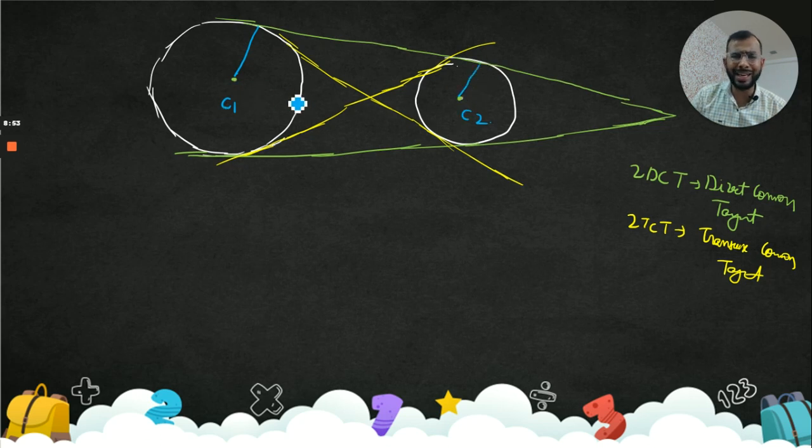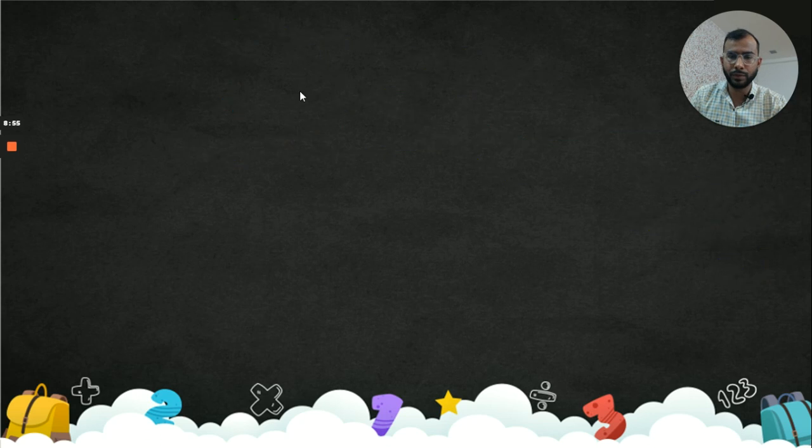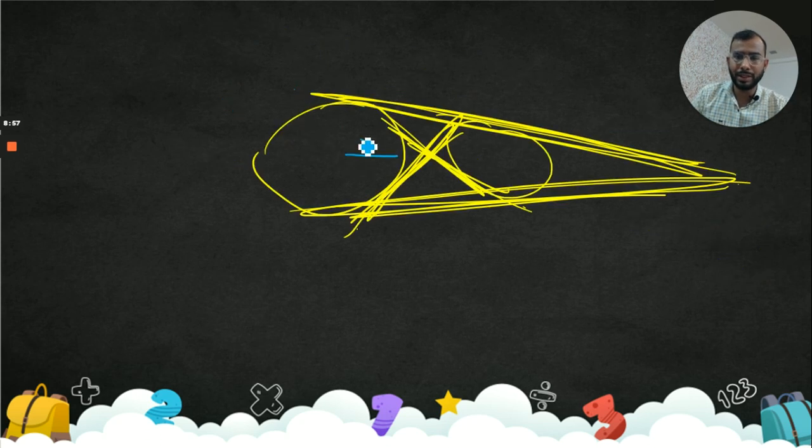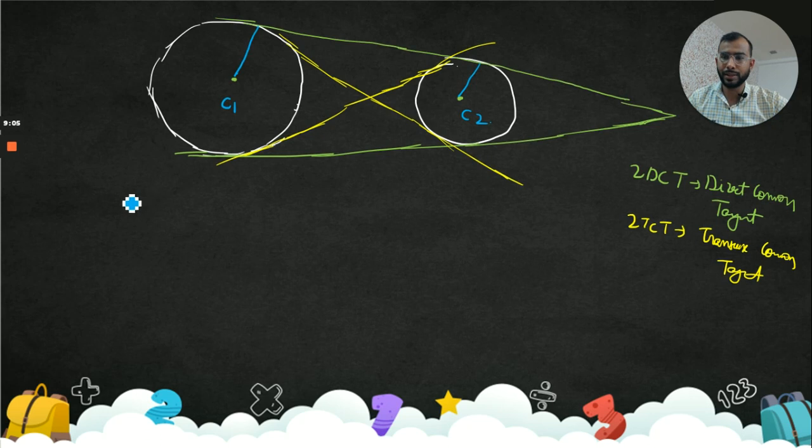So I can clearly see this is R1, this is R2, and this is the distance between the two. Can I say the distance between the two centers is greater than this sum? Make sense? Yes. So the first very important condition we should know is, whenever circles are not touching, C1C2, the distance between the two centers, is always greater than R1 plus R2.